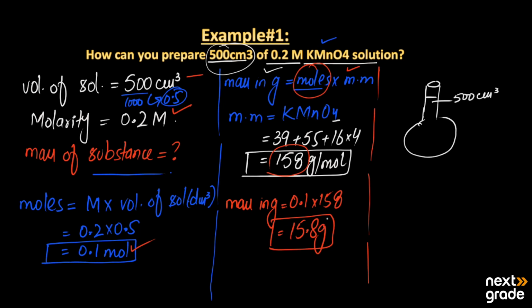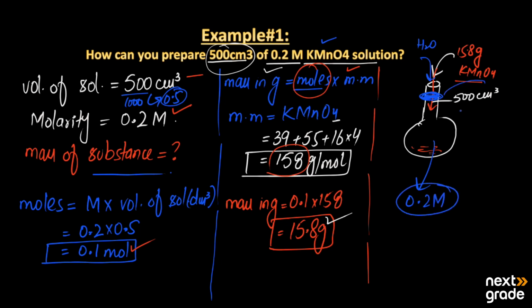First of all, we will take 15.8 grams of KMnO4 by weighing it on the weighing balance, and we will pour it into the flask, and then we will add the water up to the mark. By adding the water up to the mark and shaking, the solution we have is 0.2 molar, and the total volume of the solution will be 500 cm³.